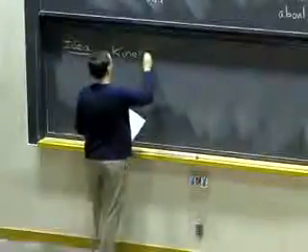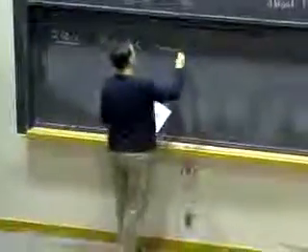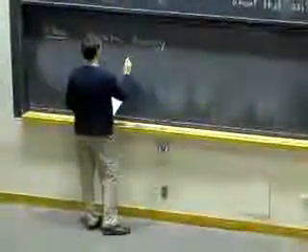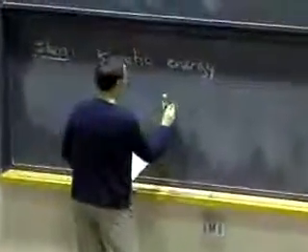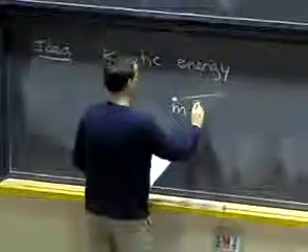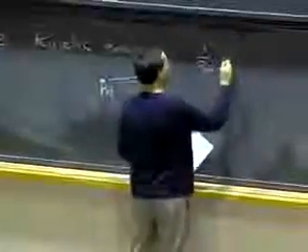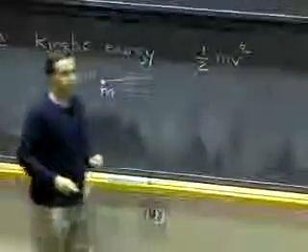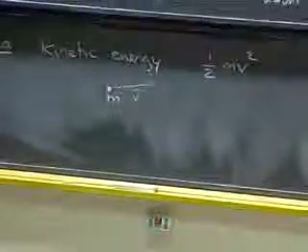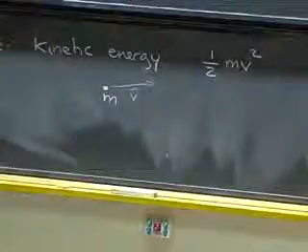If you look at the kinetic energy of a point mass, so you have something with mass m going at velocity v, that will be 1/2 of the mass times the square of the speed. Hopefully you've all seen that formula before.